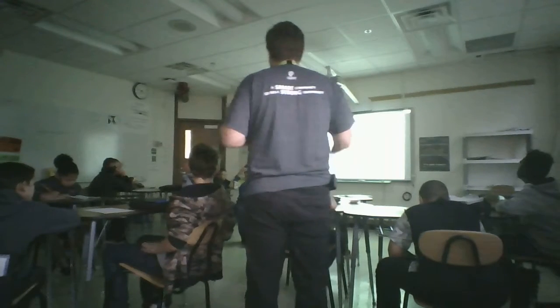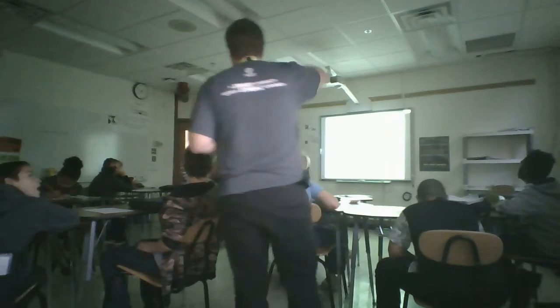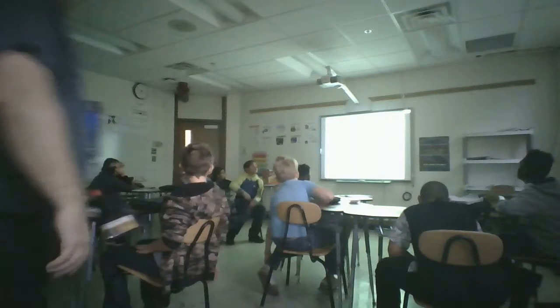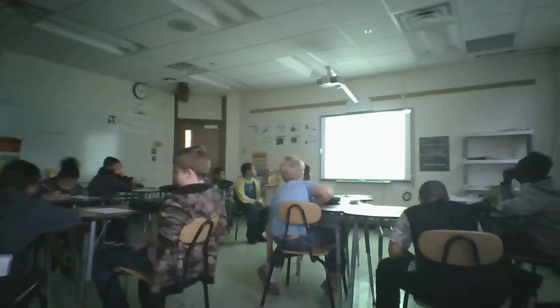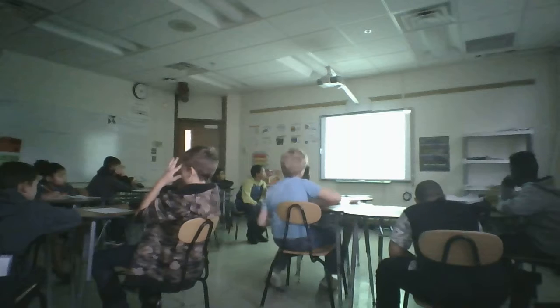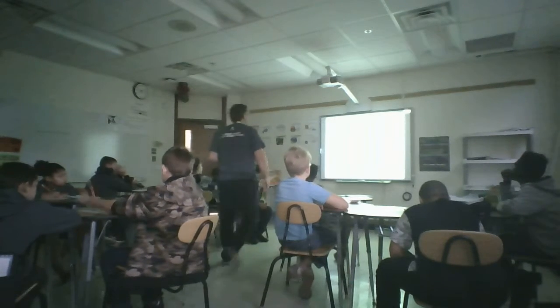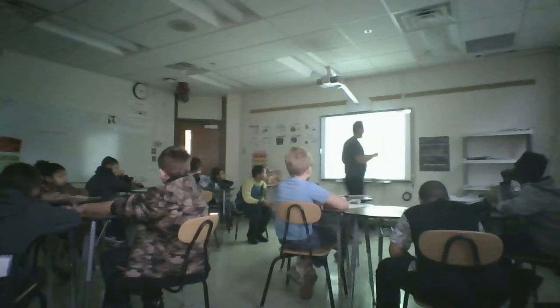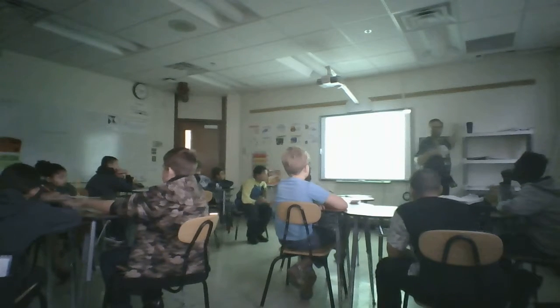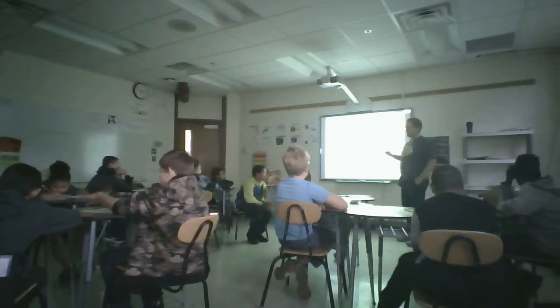So positive 8 times positive 7 is equal to positive 56, and negative 4 times negative 6 is equal to positive 24. Okay, so it does seem like it should be confusing, but it's really just straightforward, right?